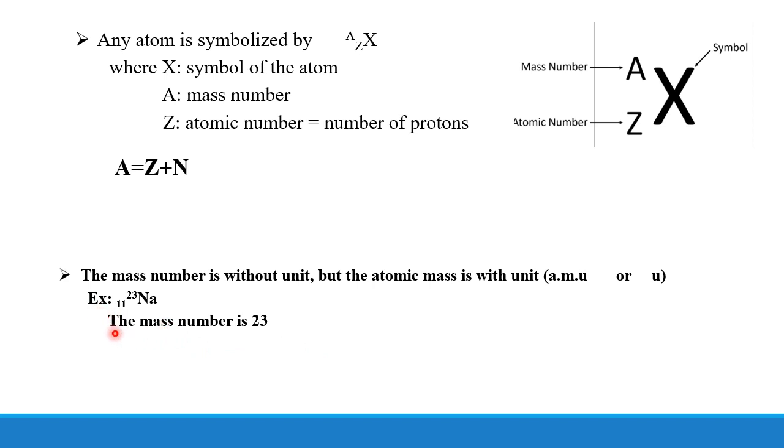Example, the mass number of sodium Na is 23, whereas the atomic mass of sodium is 23 amu or 23 u.